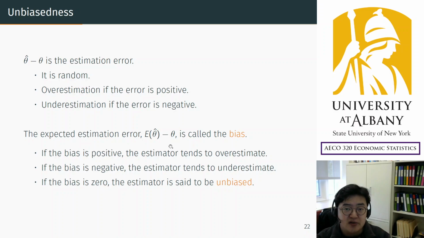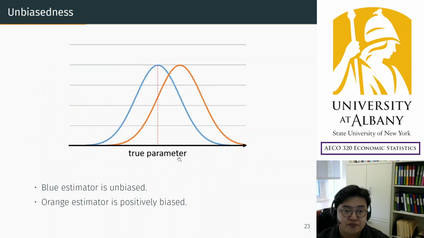So ideally, we hope the bias to be zero. Then we say the estimator is unbiased. That is the ideal, the desirable situation, right? So we call it the unbiasedness criterion. As you see in these two graphs, these two estimators compare the bias.